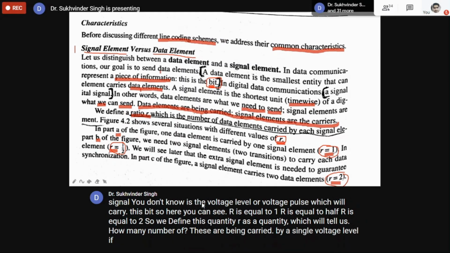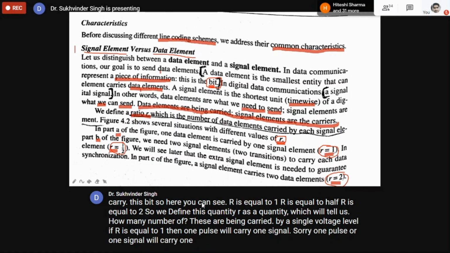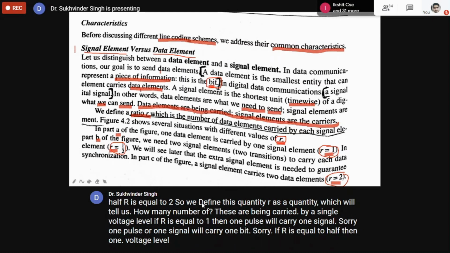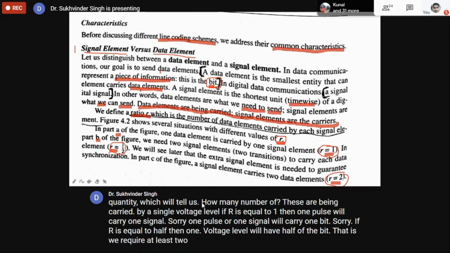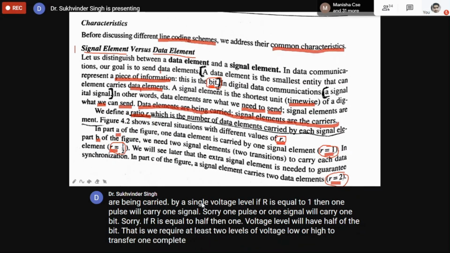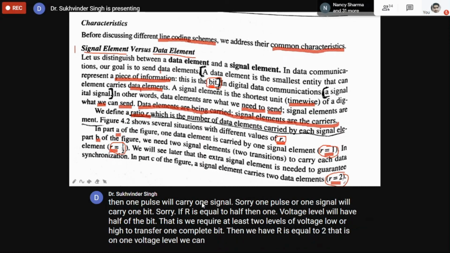If R is equal to 1, then one pulse or one signal will carry one bit. If R is equal to half, then one voltage level will carry half of a bit. That is, we require at least 2 voltage levels, low or high, to transfer one complete bit. Then R is equal to 2, that is, on one voltage level, we can send 2 bits.